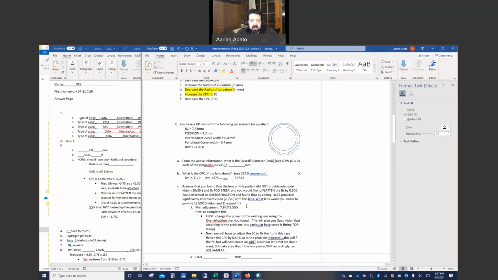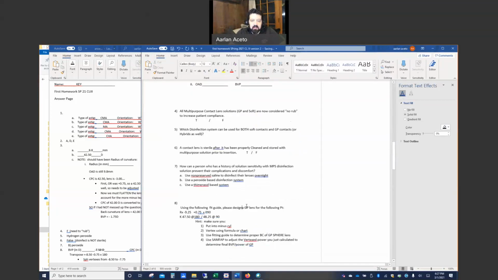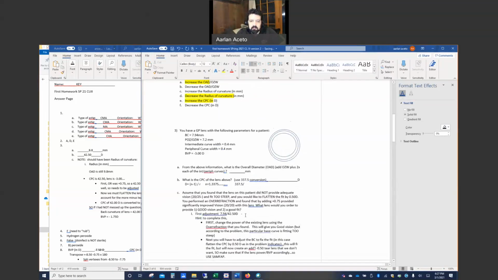And we originally had a -3.00. But we added a +0.75 to it. So this would mean that the lens was now the same curvature. We haven't changed it yet, but it's a -2.25.